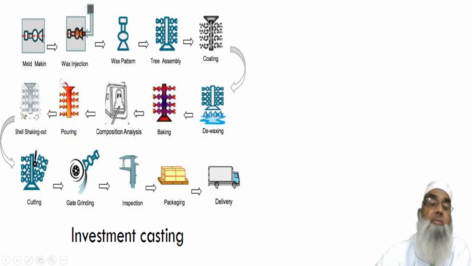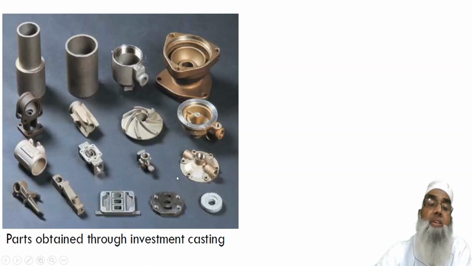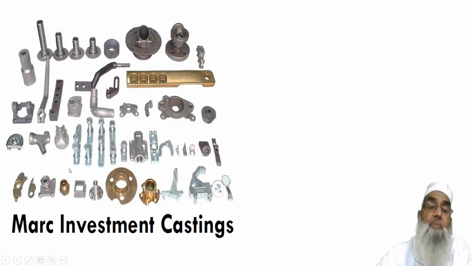The pieces are cut, finished with grinding, and then inspected for proper size, packed, and sent for delivery. These are a few typical components obtained through investment casting.